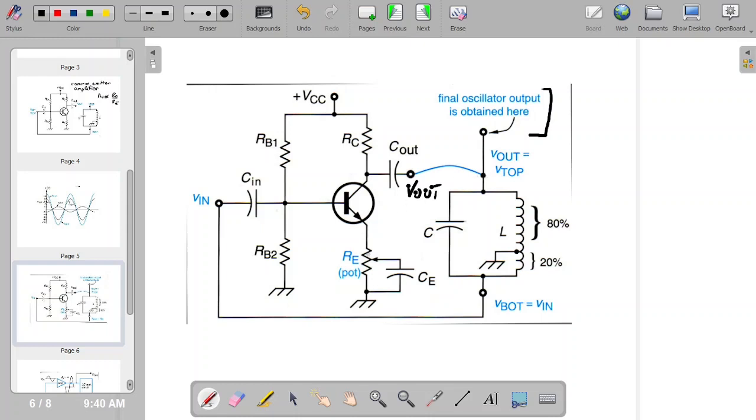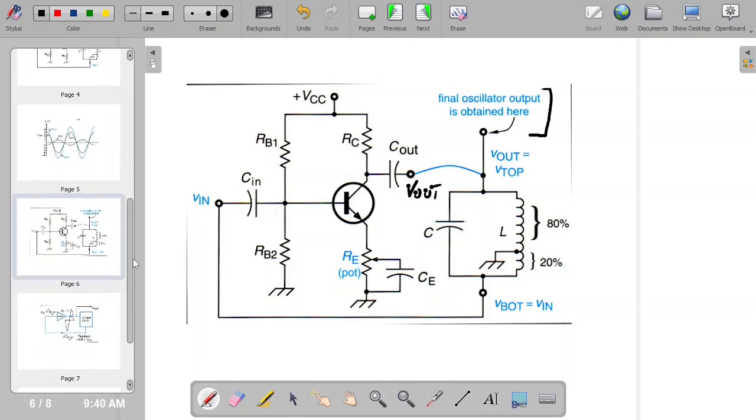Okay, so what you have to be aware of. Let me first... We know that the voltage gain is about RC over RE. So that's your voltage gain, RC over RE.